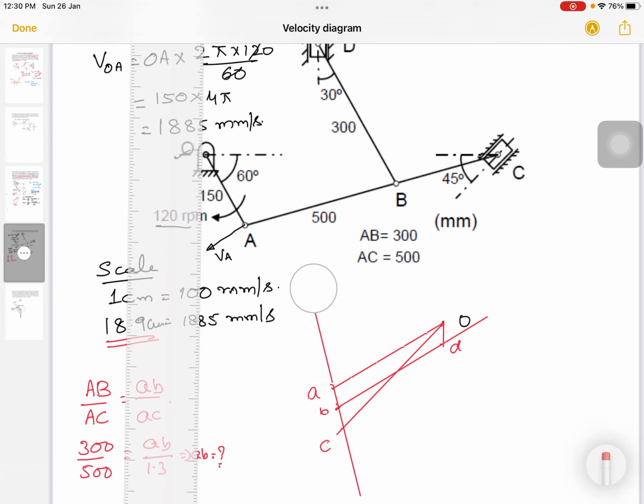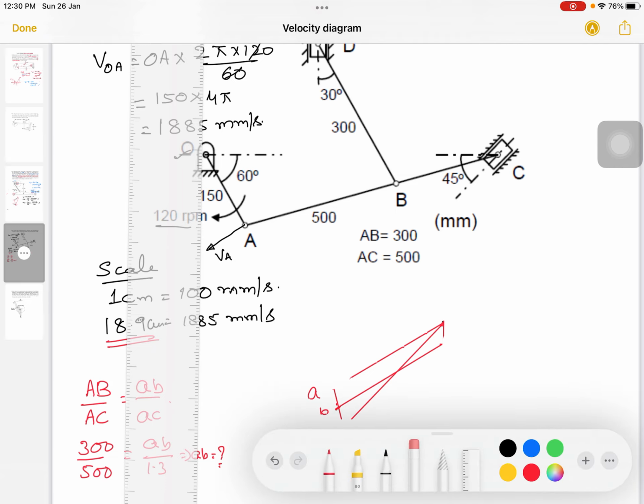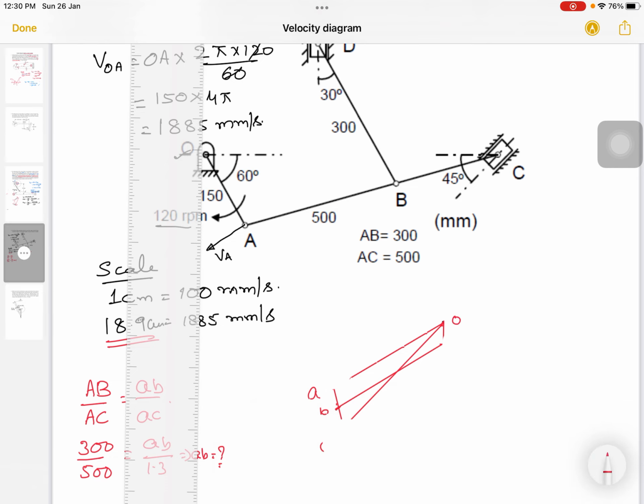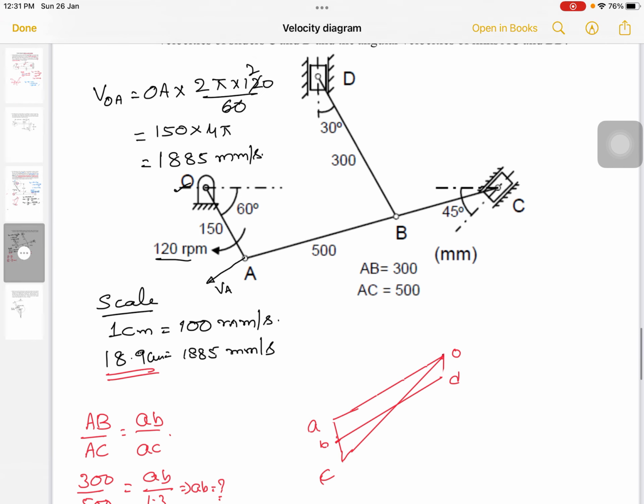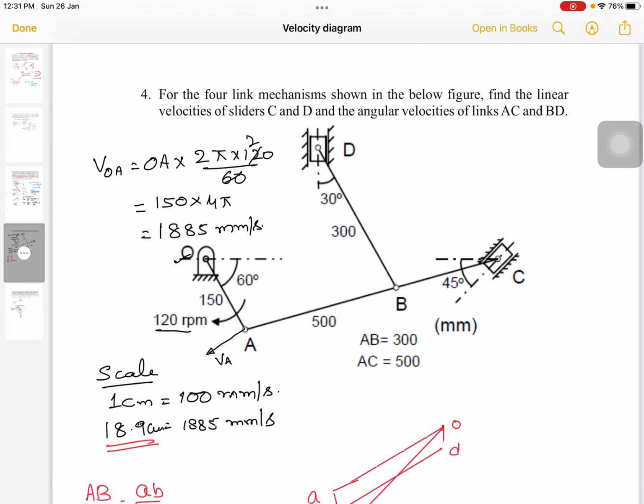This is O, D. Okay, this is the velocity diagram. Now, what are the things that we have to find?